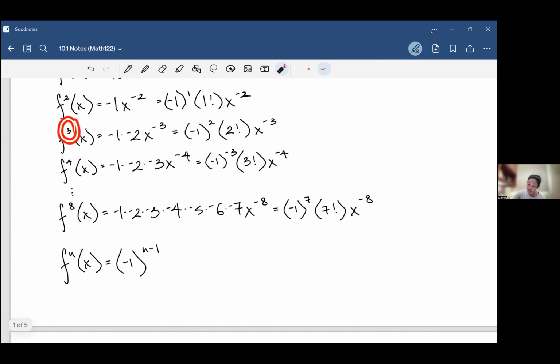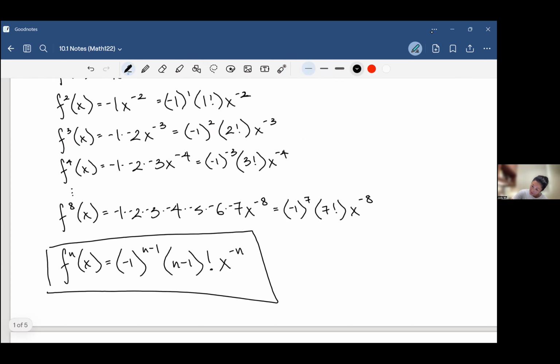For the third derivative, I only had 2 copies of -1. So it's not n, it's n minus 1, one less than that, okay? Then I take that n minus 1, and that's what I'm finding the factorial of, okay? Last but not least, I have x to the -n power.